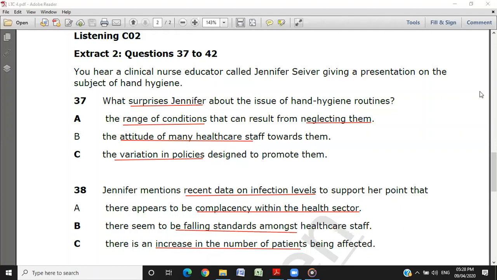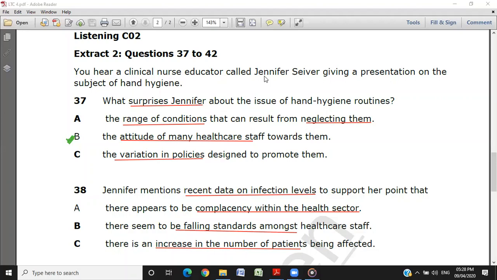Okay, so I can see that almost everyone has gone for B in the first one. So that is true, it is correct, because she clearly mentioned that if it is so important, why do we see such an underutilization of such a basic practice, right?